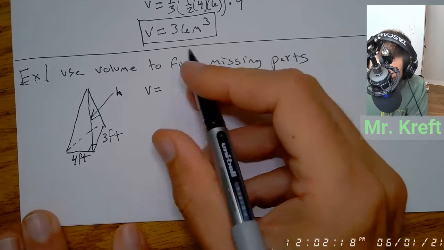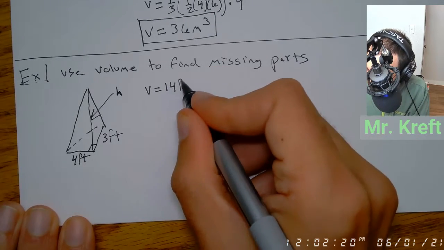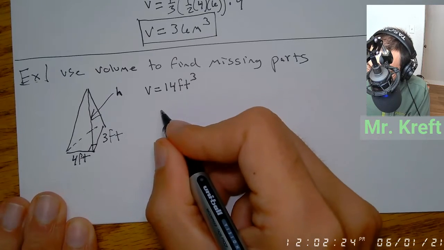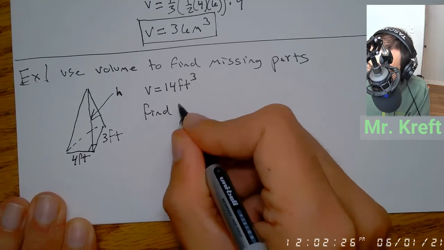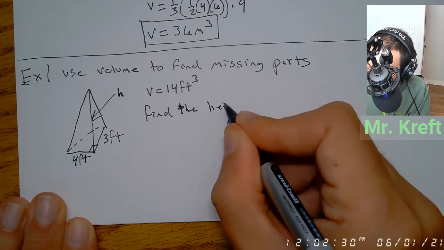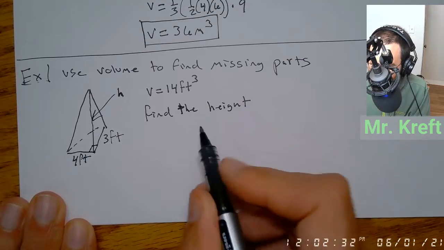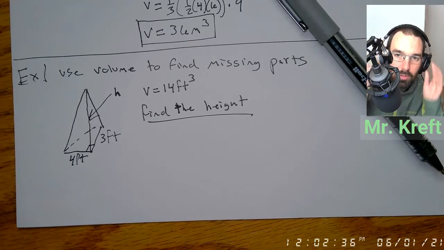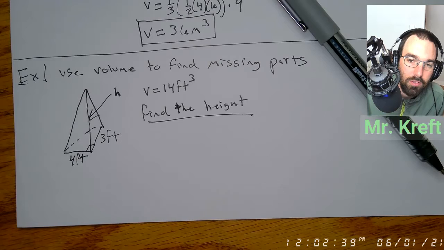And the volume equals 14 feet cubed. So we're going to find the height. Okay. So this would be an example of finding the height of something. Let's say like you just filled it up with water. By filling it up with water, you can figure out the height, which is really cool, right?